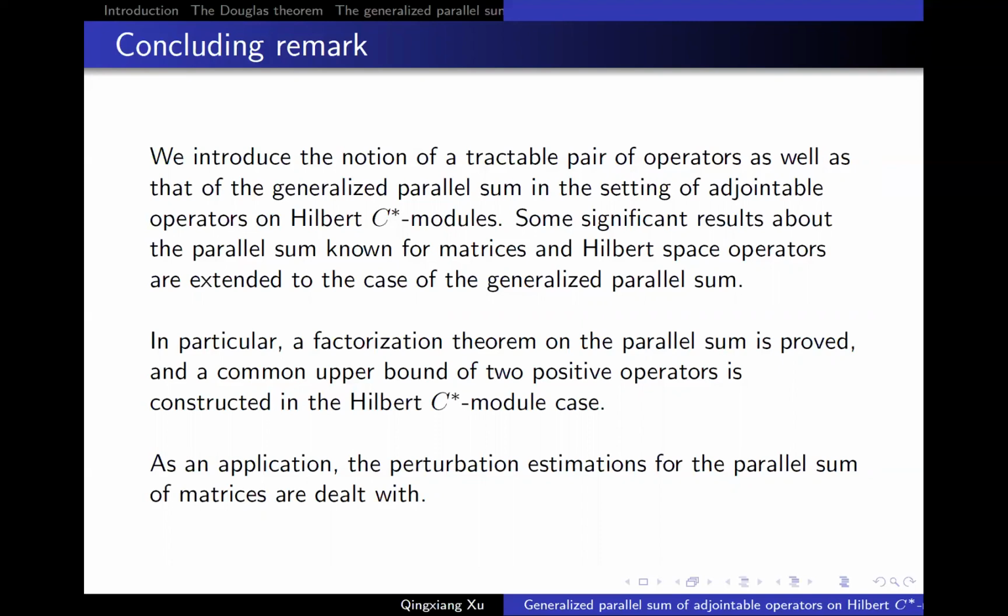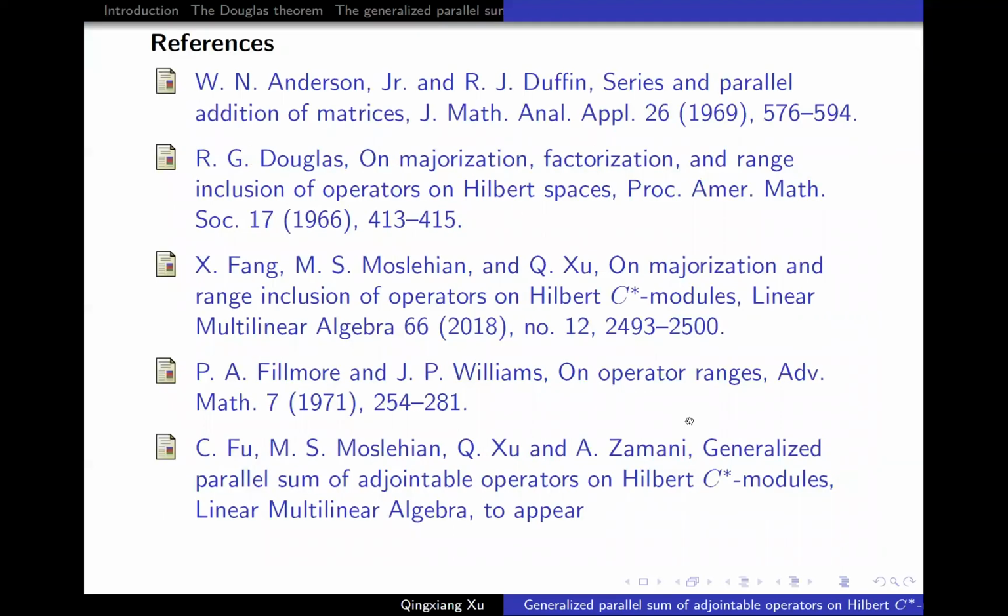In particular, a factorization theorem of the parallel sum is proved, and the common bound of two positive operators is constructed in the Hilbert module case. As an application, the perturbation estimation for the parallel sum of matrices is also dealt with. Now here's the reference.